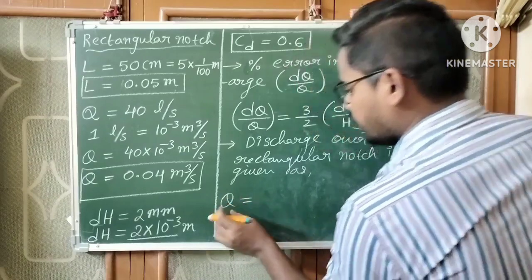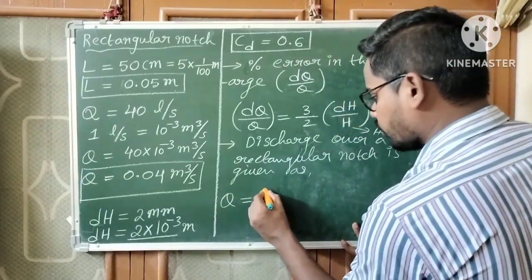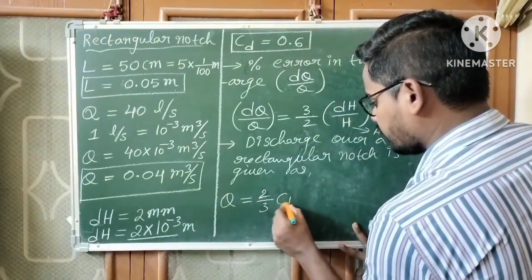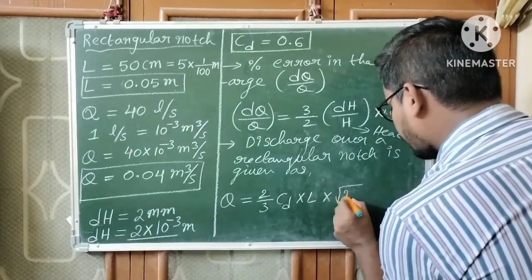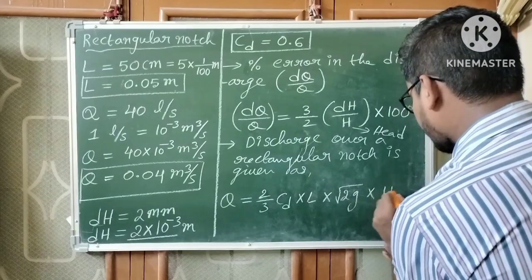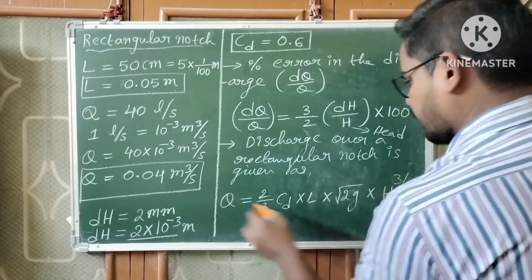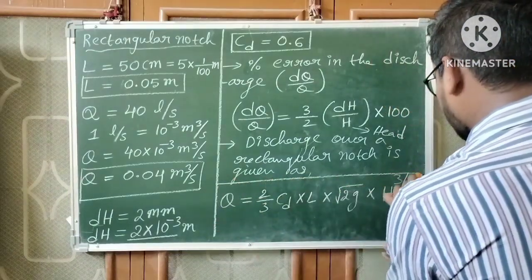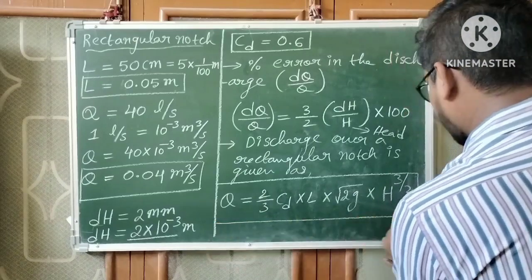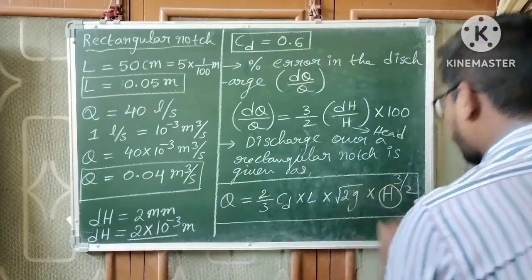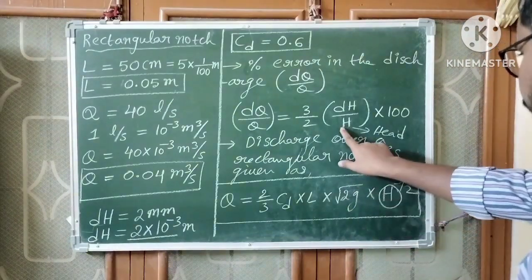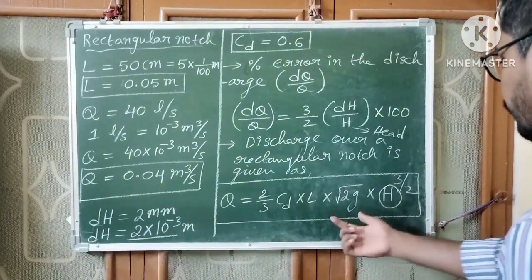Q is equal to 2 by 3 into CD into L into root over 2g into H power 3 by 2. This is the formula for finding discharge over a rectangular notch. Using this formula, we can find the head over the notch, capital H.